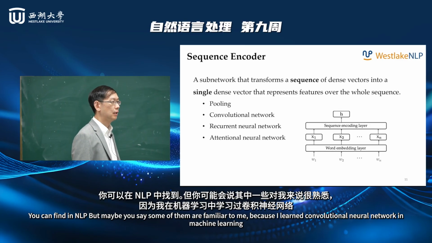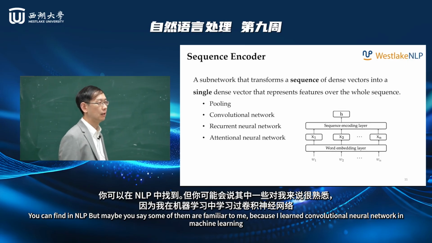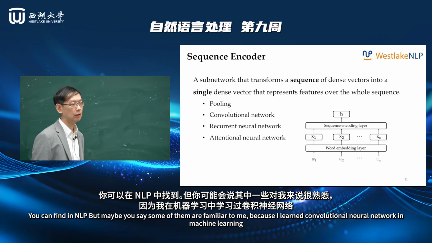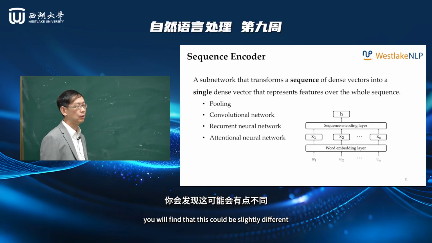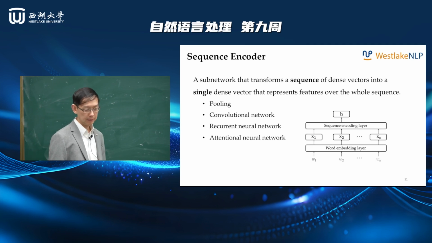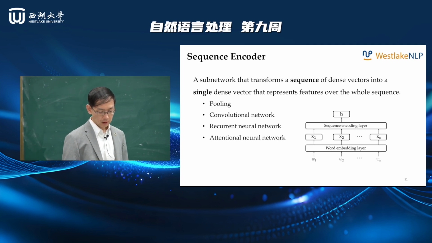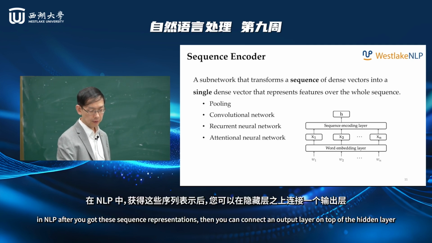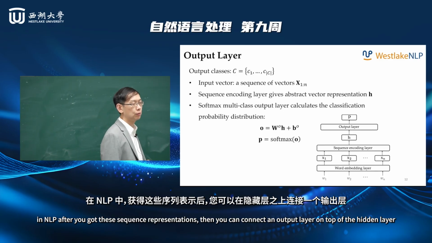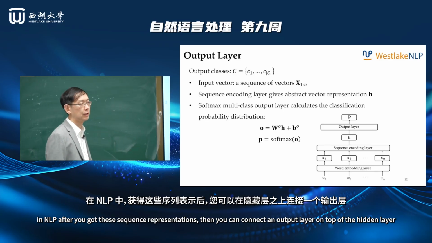But maybe you say some of them are familiar to me because I learned convolutional neural network in machine learning. You will find that these could be slightly different in NLP. After you get these sequence representations, then you can connect an output layer on top of the hidden layer.